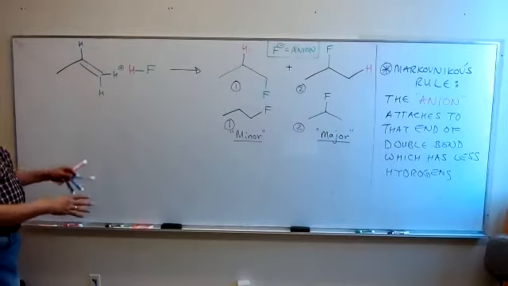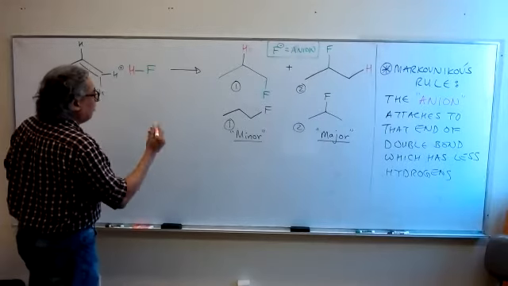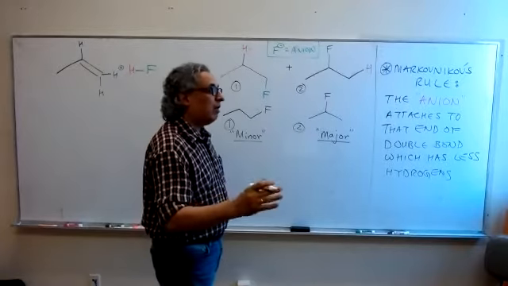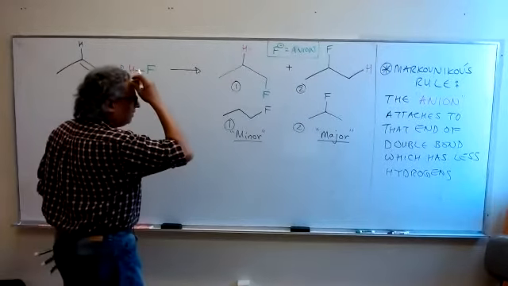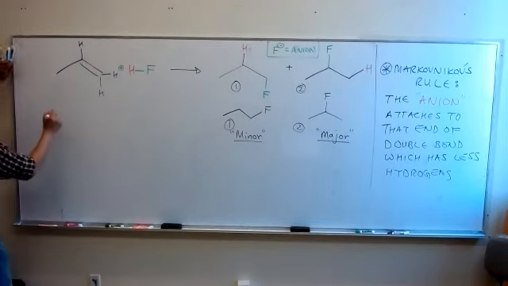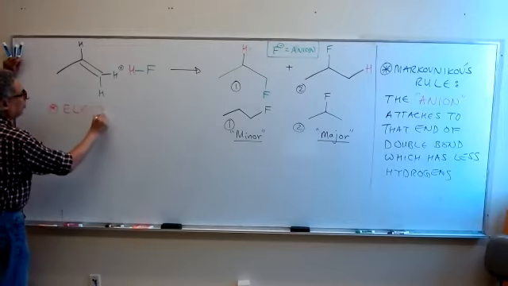This reaction is called... before I tell you what this reaction is called, let me tell you what an electrophile or a nucleophile is. There are 2 words I'm going to introduce. Word number 1 is electrophile.